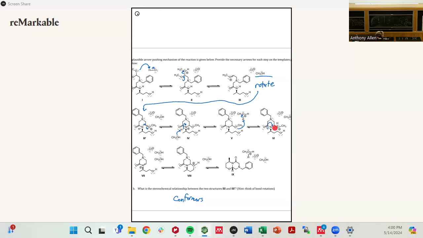Double bond. And what goes here? Break the CO bond. Then this O is there. So what do I need to do? Break the double bond. Then last step is a deprotonation.